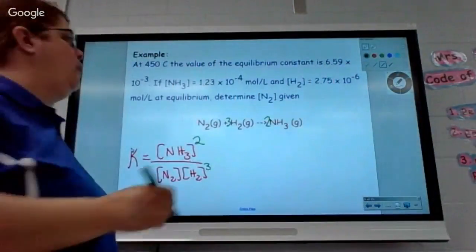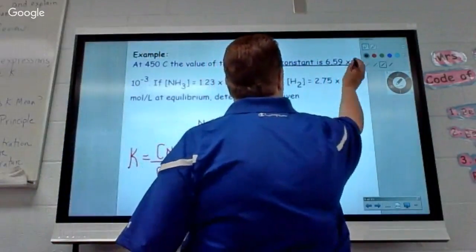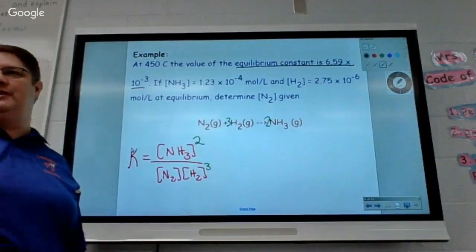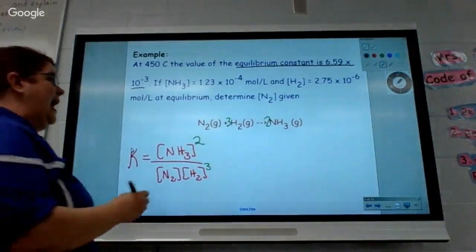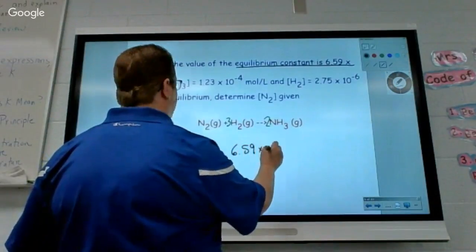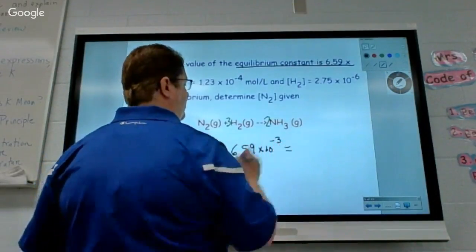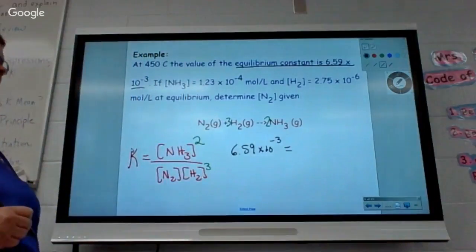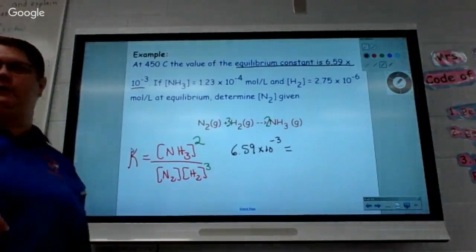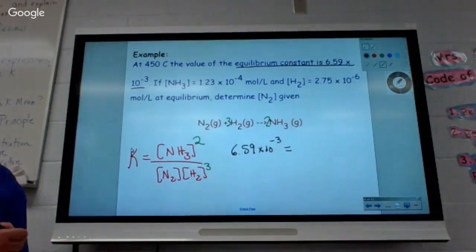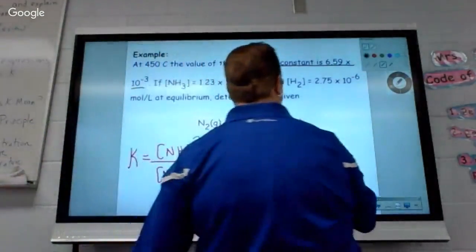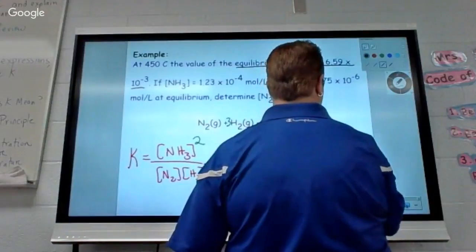All right, so the difference this time is I told you in the question what the equilibrium constant is. That is the part that makes this question different. I'm telling you that K is 6.59 times 10 to the negative third. That's the only thing that makes it different. So NH3 is what number now? 1.23 times 10 to the negative fourth.